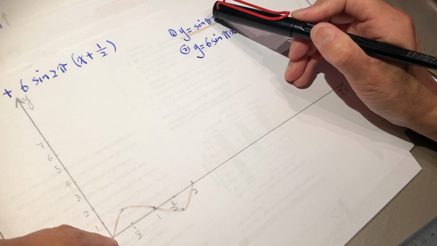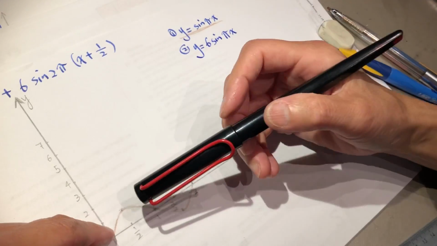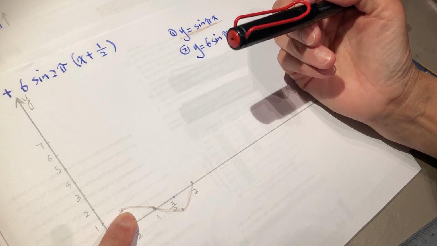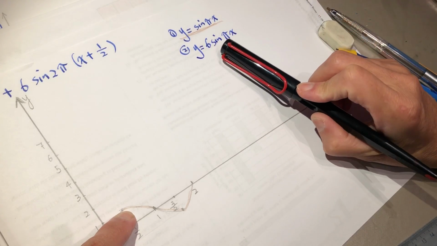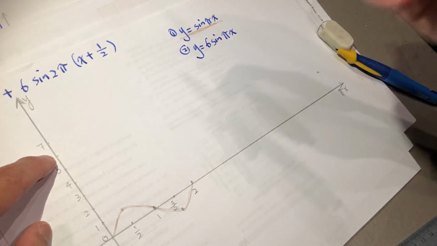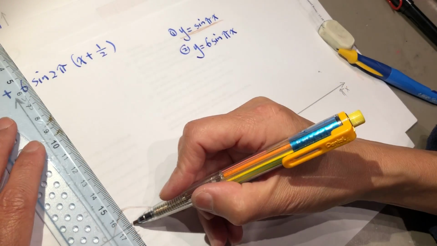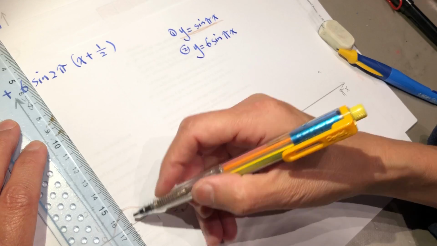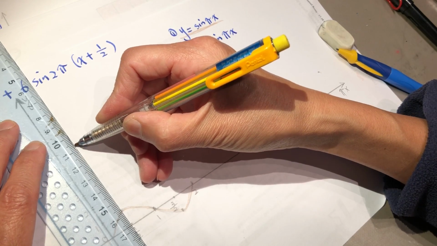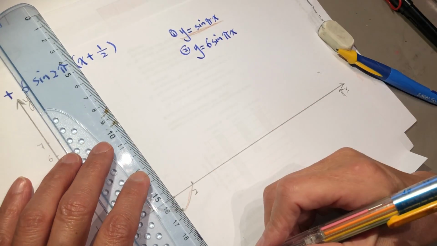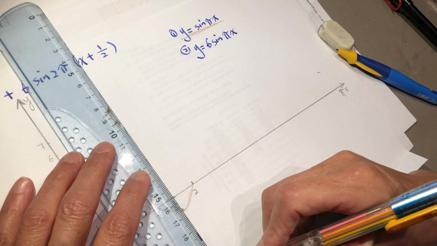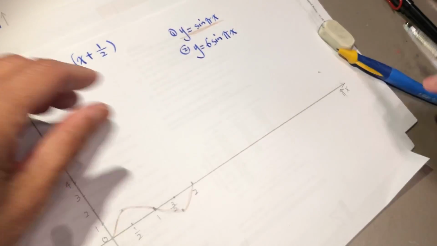When x is a half pi, it reached its highest point, 1. And now we need to times 6, so it goes to 6. I try to make it a bit better. 6 and -6. So this is the new one.